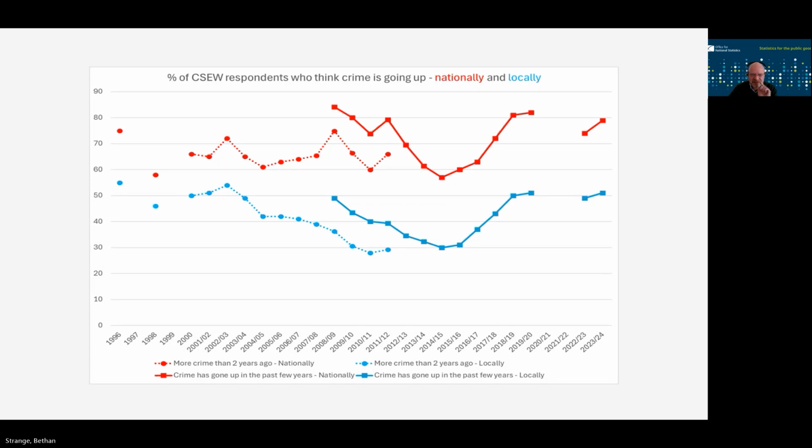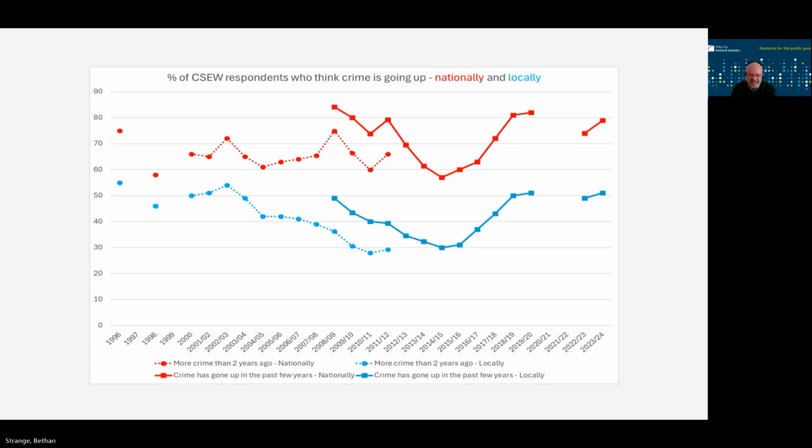So what did people think? And we can track this back to the mid-1990s. And it's actually pretty stable over time. There was a bit of a dip around 10 to 15 years ago. But generally speaking, there's a gap between people that think crime is going up nationally and crime going up locally in their local area, about 15 minutes from their home is what we suggest.